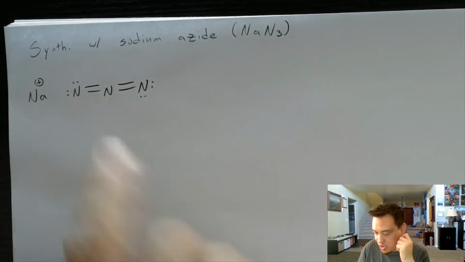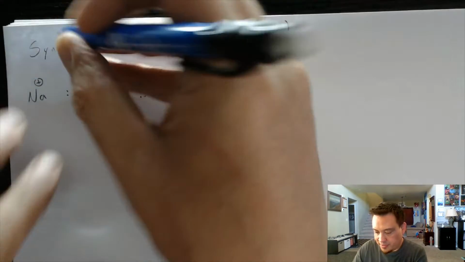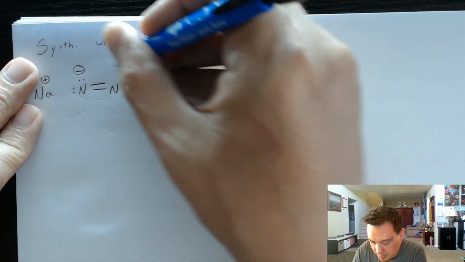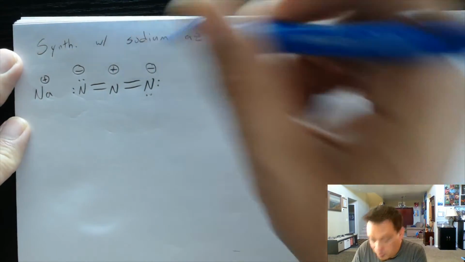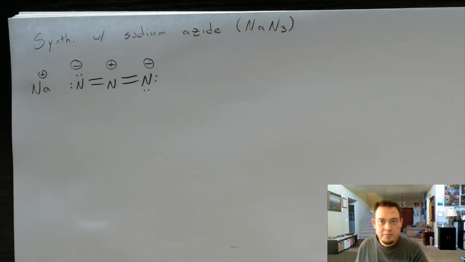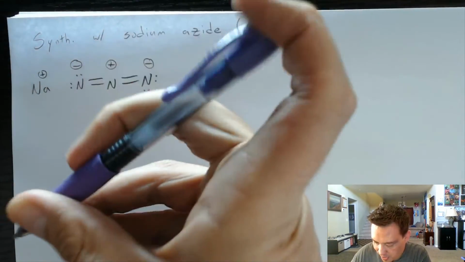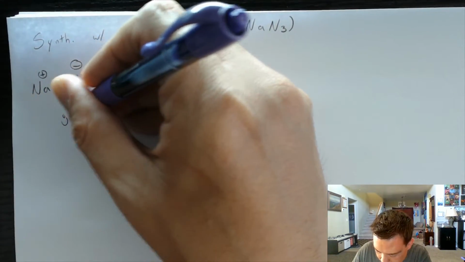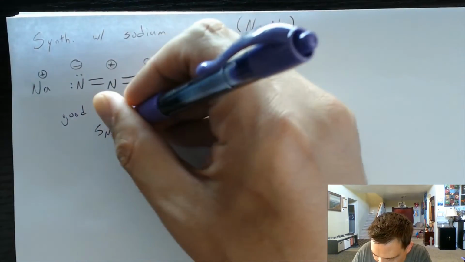Looking at the formal charges on each of the nitrogens, this nitrogen is -1, this one is +1, and this is -1. So there is your overall -1 charge. And it turns out that these particular ions are good nucleophiles for SN2.